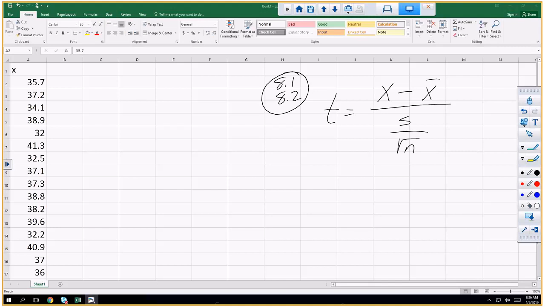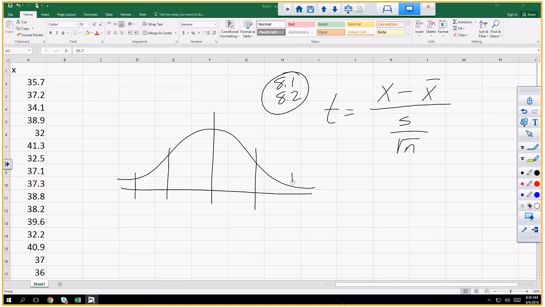And the z value, just draw this out because this will make a little bit of a difference. 0, 1, 2, 3. The z values are usually good with small numbers and individuals, where you have 3 standard deviations to the left, 3 standard deviations to the right. That's your z values.